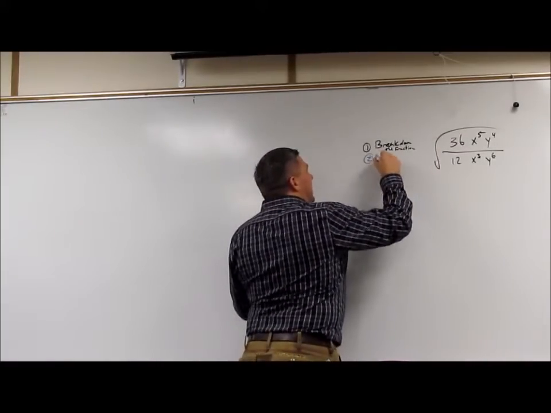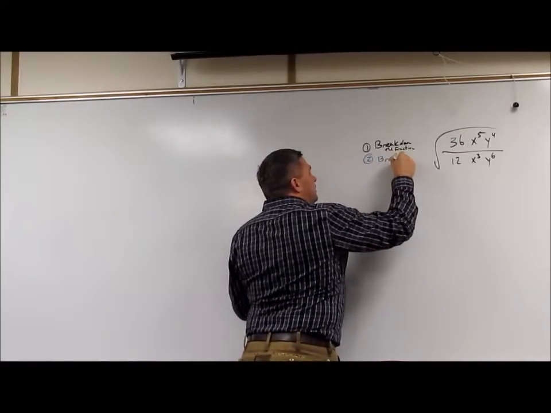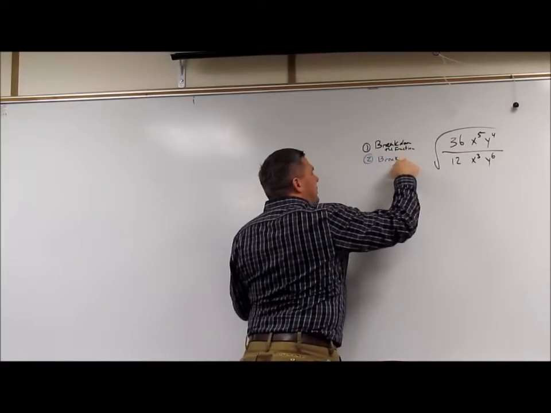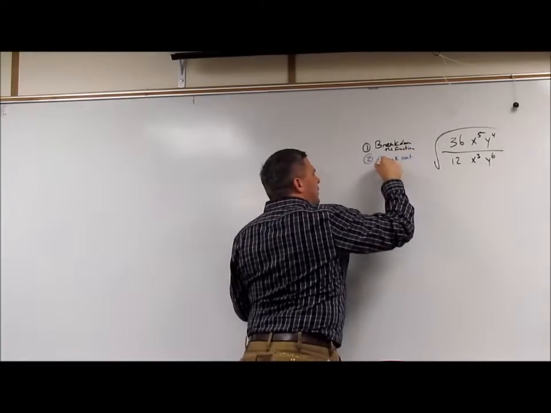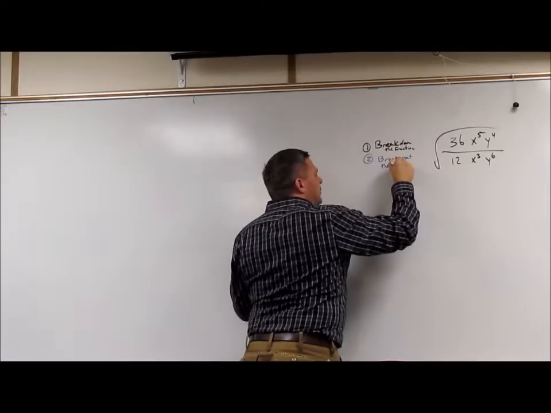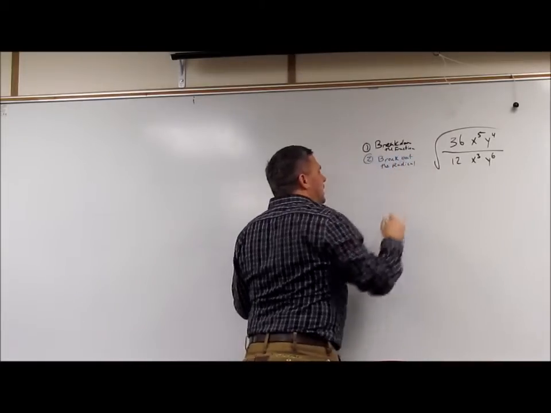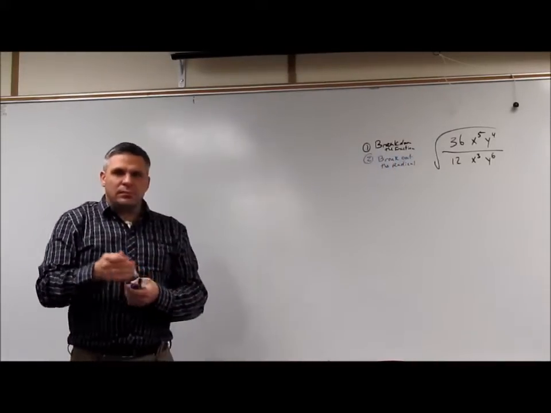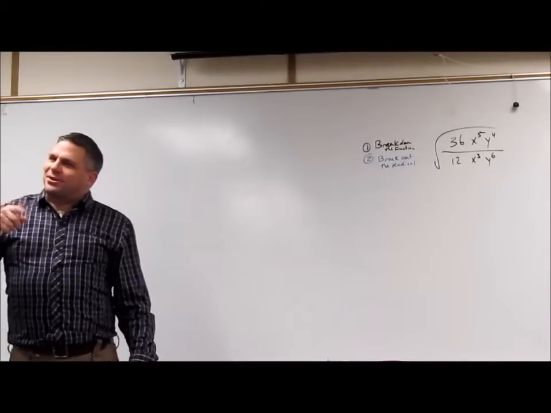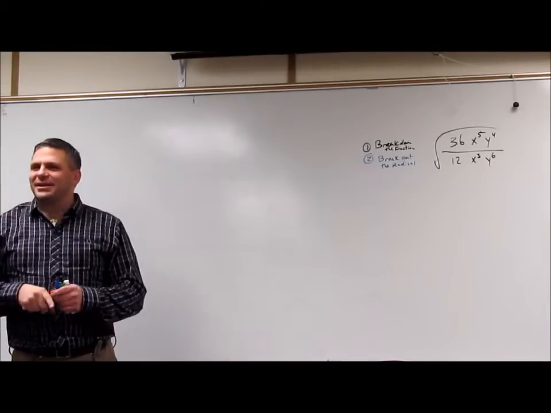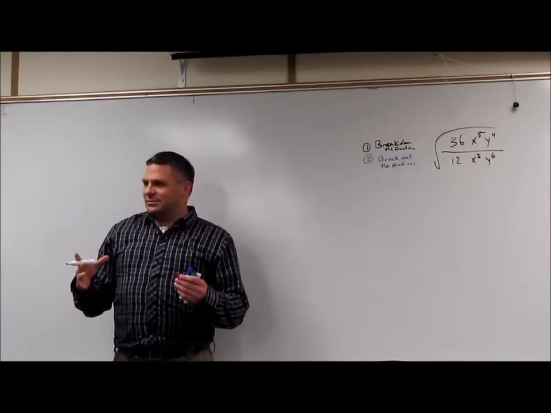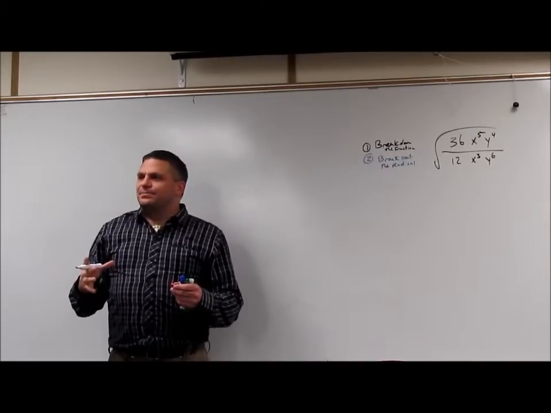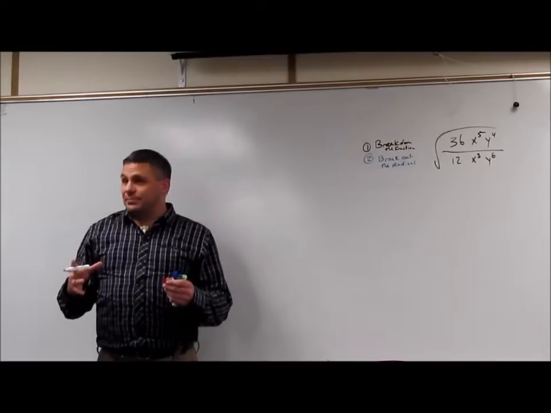Now we're going to break out the radical. I would say break out the radical because you're taking stuff out. The tricky rule is getting rid of the radical if it's in the bottom.